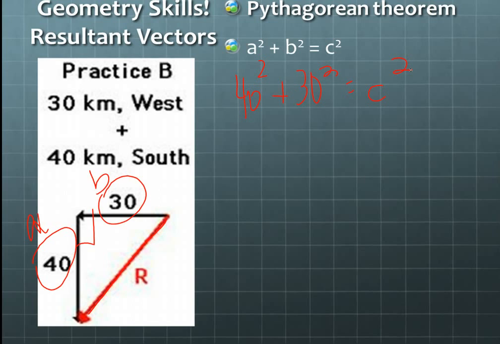And 40 squared, so 4 times 4 is 16, so that's 1600 plus, and 3 squared is 9, sorry, 900. If we add those together, that's 2500. That's c squared.